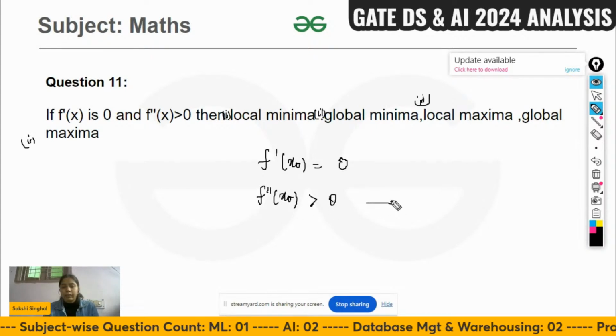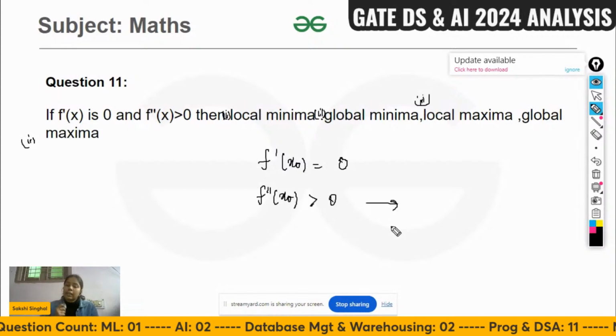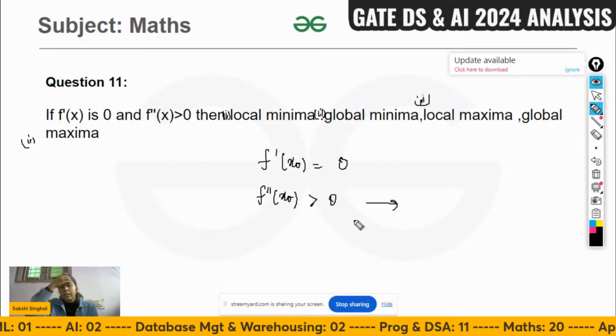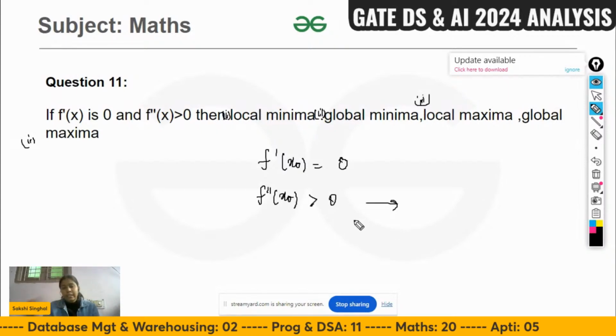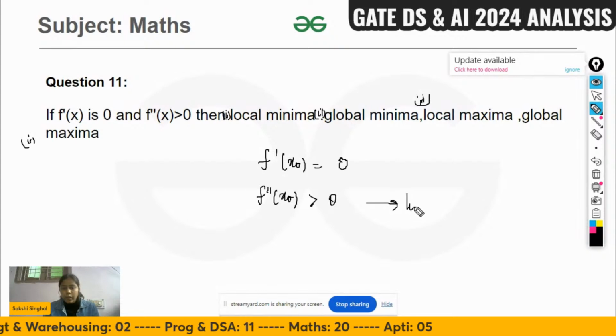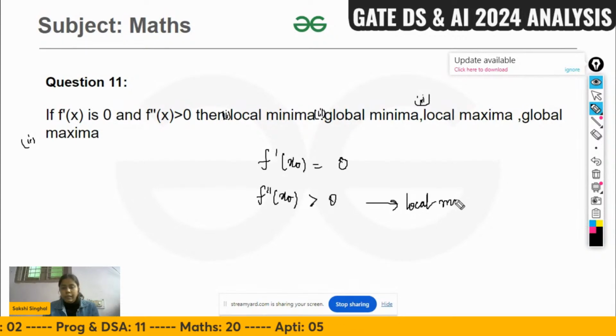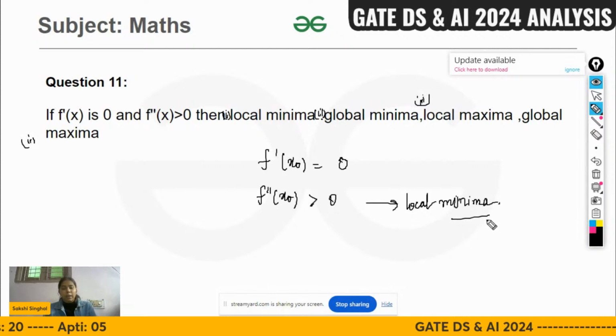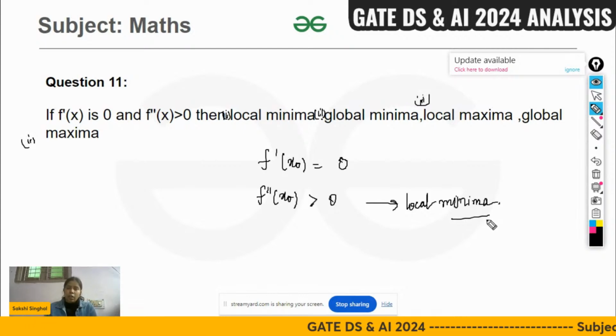Then what can I guarantee that I would have? We remember that by the second derivative test we will have a local minima. We can't tell exactly that it would be a global minima or global maxima, but it would surely be a local minima. So local minima would be the right option, guys.